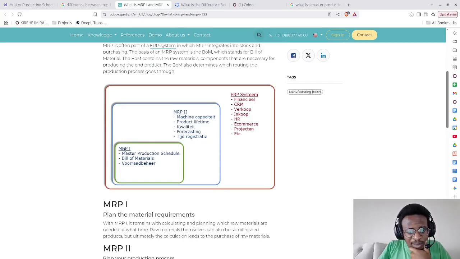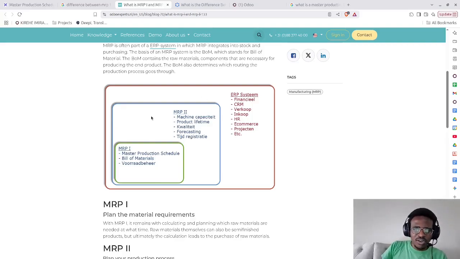You can see that there's MRP1, and here you have master production schedule, you have bill of materials, and then you have some word in Dutch. I think it's inventory from what we read. So you have MRP1, and then you have MRP2, which basically builds on MRP1. So you can see there's machine capacity, product life cycle, and some other Dutch words.